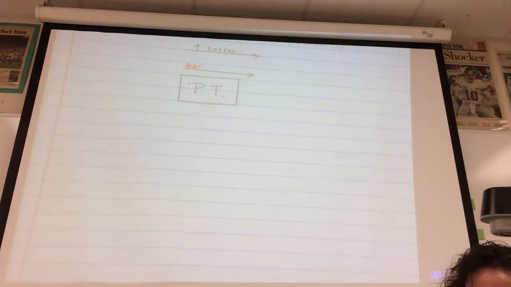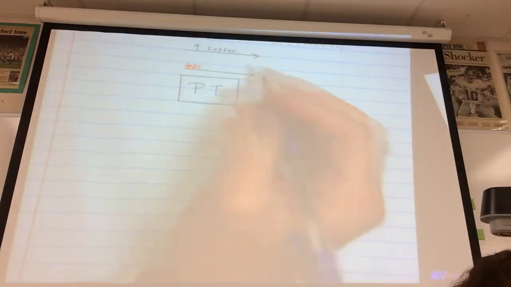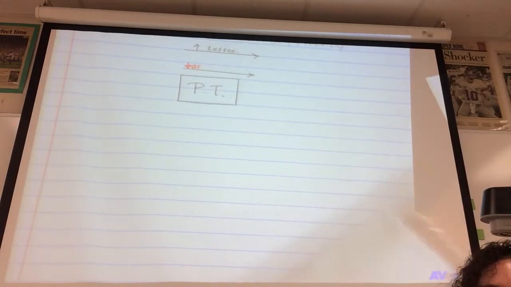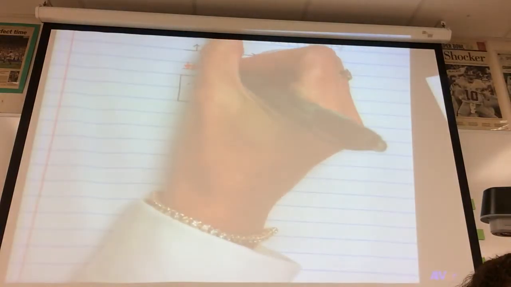Now, with the valence electrons being drawn more tightly to the nucleus, what happens to the ionization energy? It increases. Now, ionization energy is what? It's the amount of energy it takes to strip the electron. You got it.